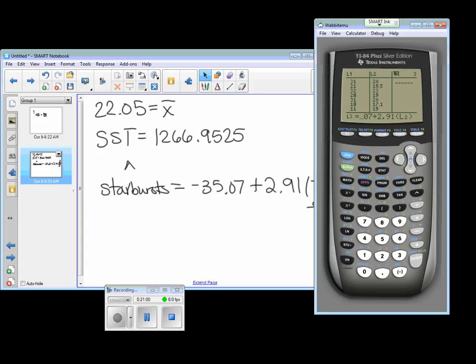This is not the residuals yet. This is just the predicted values. I'm going to hit enter. They're flipped, remember? List 1 is flipped. We switched them because our variables are backwards in this example. All right. And that's just a predicted.